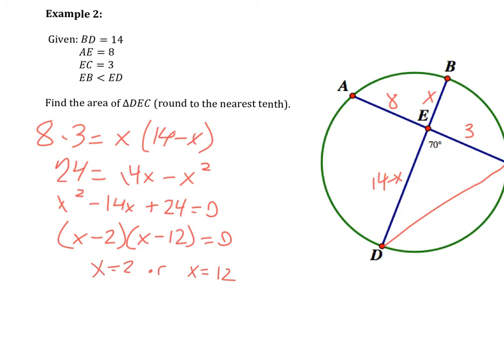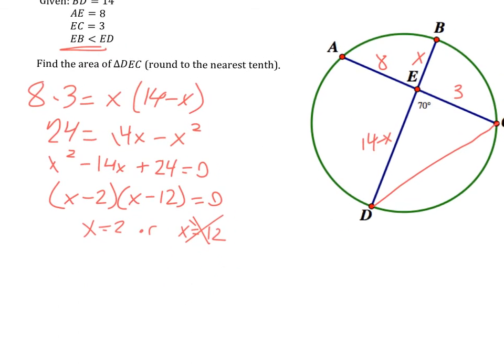Well, which one is this going to be? EB is less than ED. So x has to be less than 14 minus x. So 2 works and 12 is not true. Now with this information, I know that this is just going to be 12.